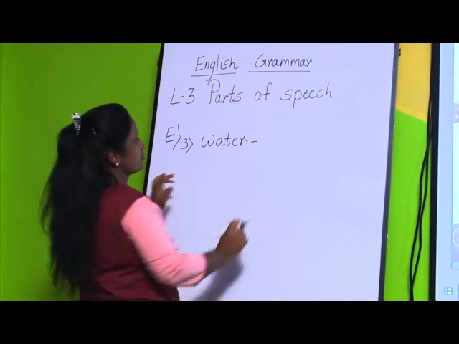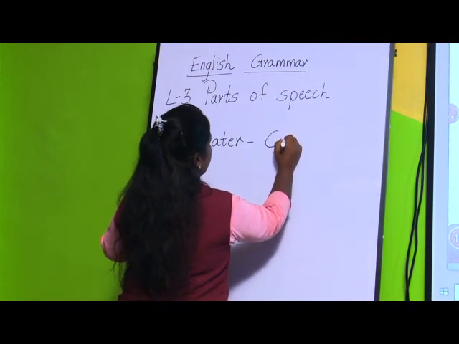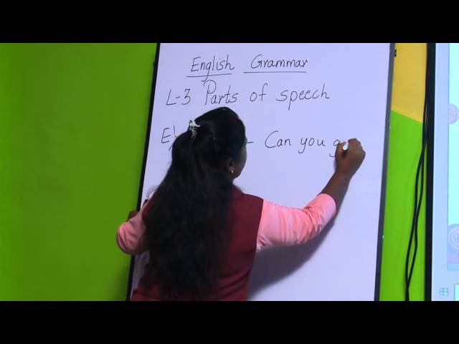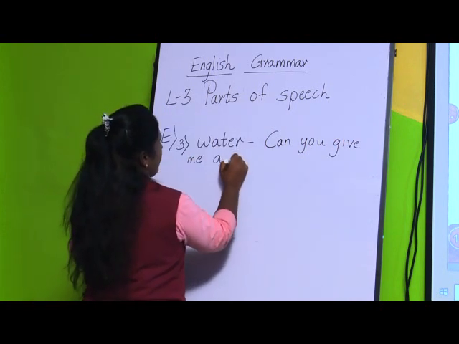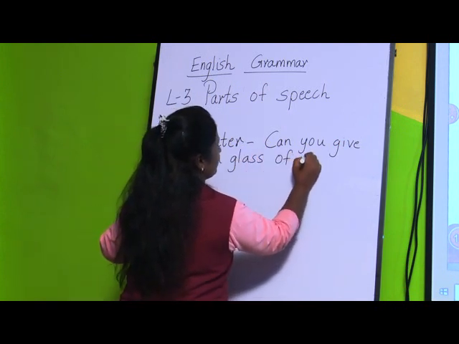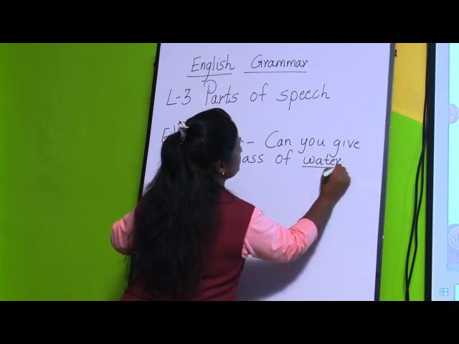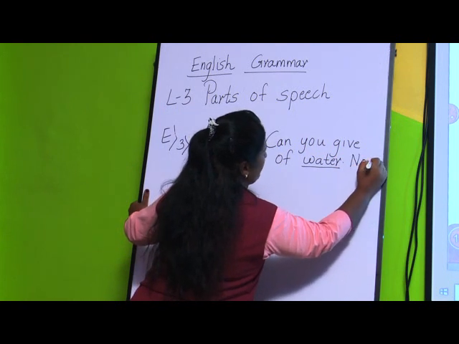I am going to use this word as a noun. Suppose I write like this: can you give me a glass of water? Now this word I have used as a noun over here.